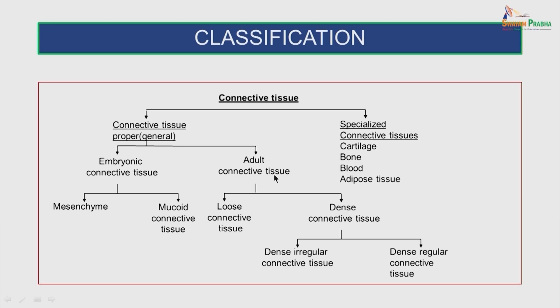The adult connective tissue includes the loose connective tissue and the dense connective tissue. The dense connective tissue is again divided into dense irregular and dense regular connective tissue. Then there are the specialized varieties: cartilage, bone, blood and adipose. We will include only adipose tissue.